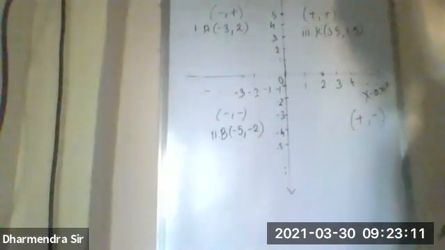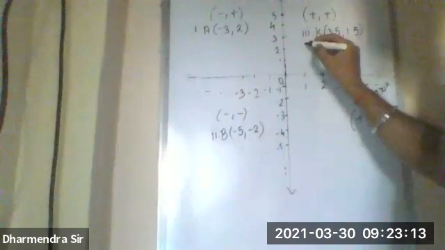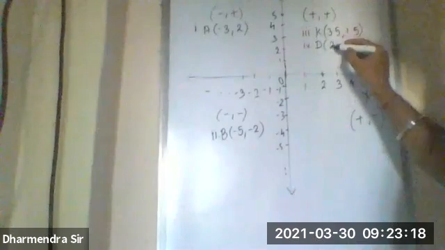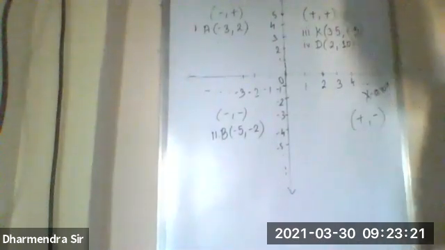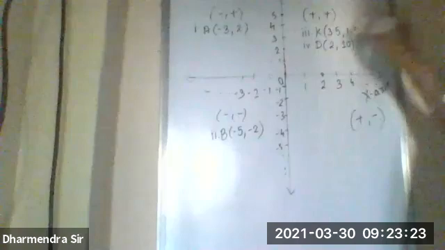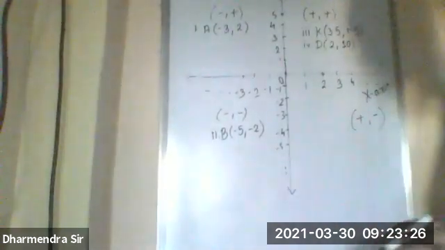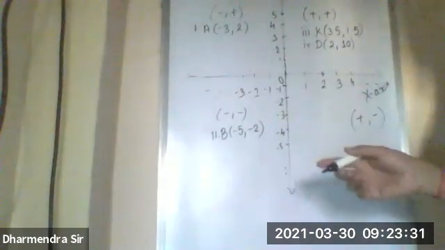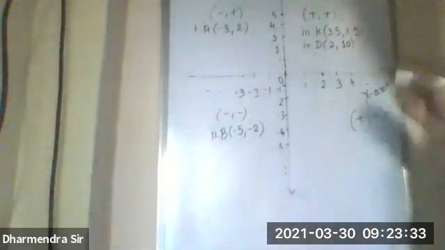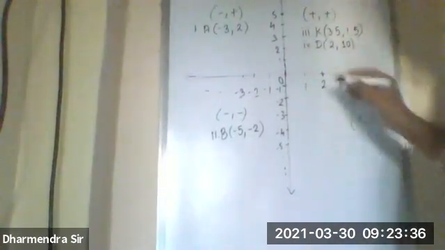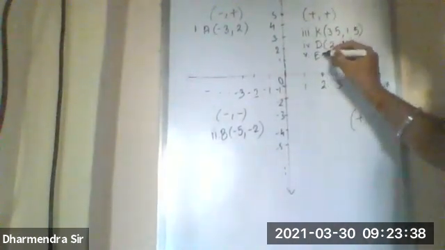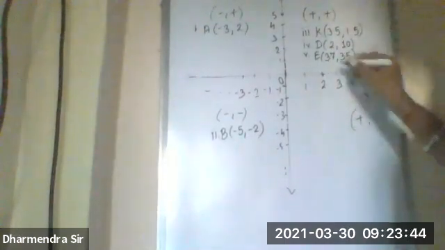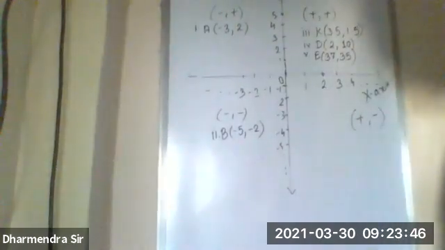Next, D. Again, both are positive. D with the coordinates 2, 10. Both are positive, so it lies in the first quadrant. Very clear. If you have seen my concept, then this is not that difficult. Just read the point, see the sign, tell the answer. Fifth, point E with values 37, 35. Both are positive, lies in the first quadrant. Clear.